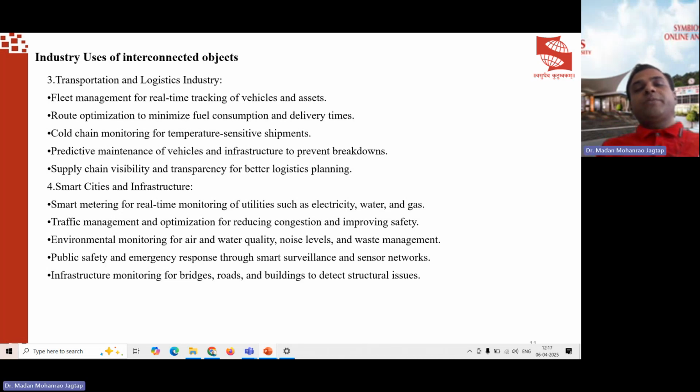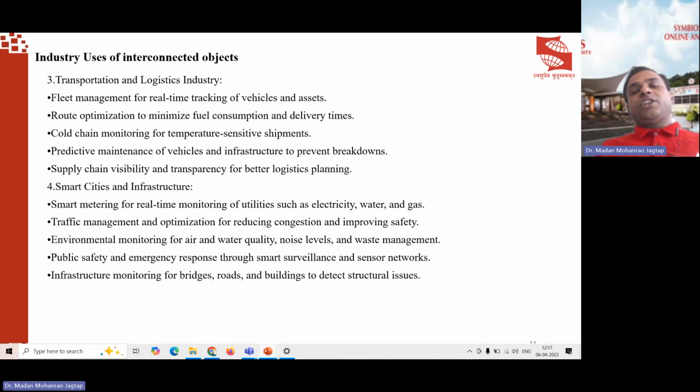Route optimization is a very basic thing. We can optimize a route to minimize fuel consumption and delivery time. We can do cold chain monitoring for temperature-sensitive shipments: what is the required temperature, and what temperature we can maintain.